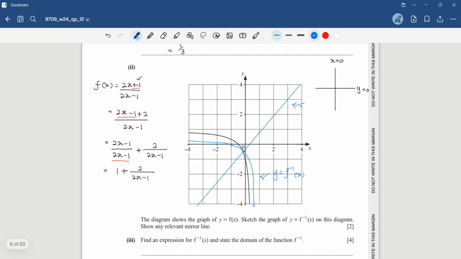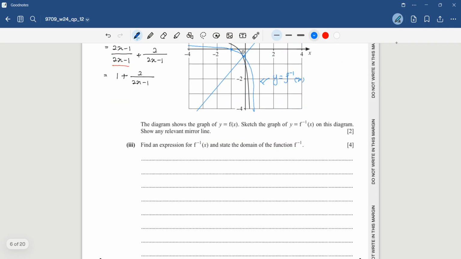It's okay. So y equals x. Okay, so this is your graph, and then they ask you to find the expression for this.